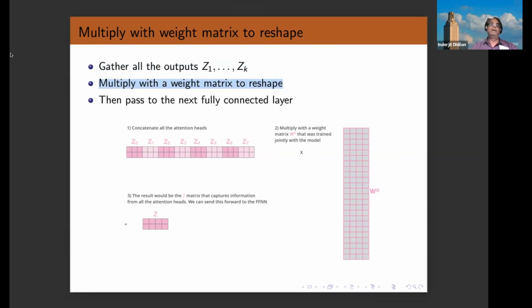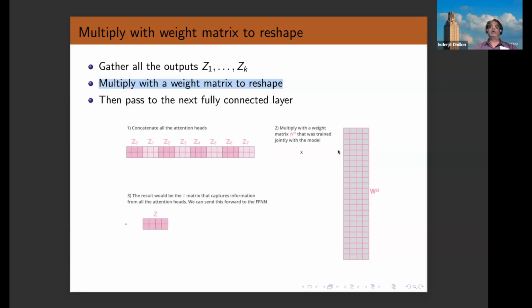In particular, you concatenate all the attention heads. Remember there were 2 tokens, and 3 was the output dimensionality of each attention head. So you get a 2 by 3 matrix for each of the 8 attention heads. If you combine them, it is a 2 by 24-dimensional matrix. Then you can multiply it by a 24 by 4-dimensional matrix.